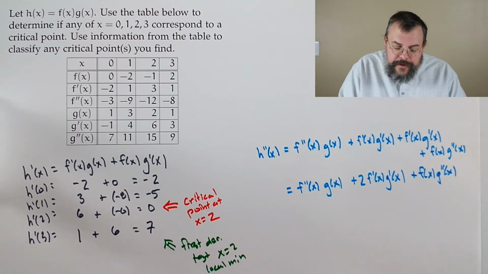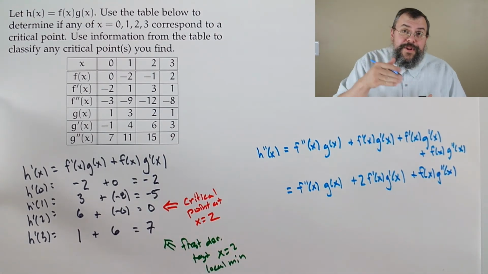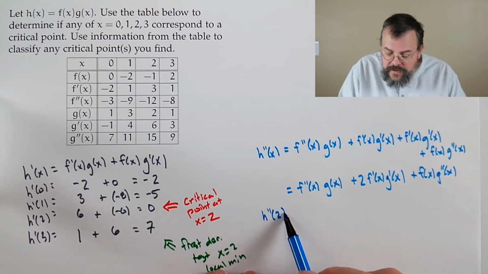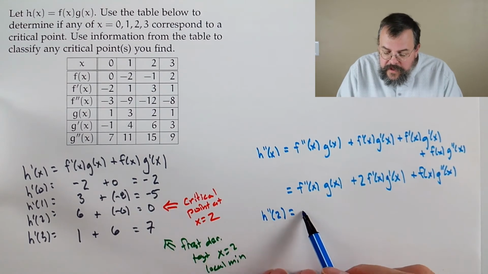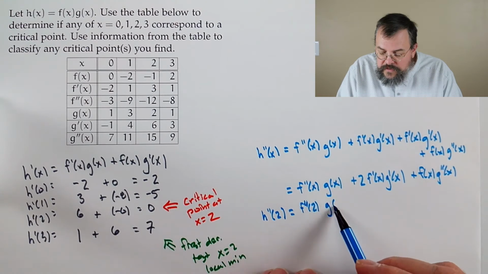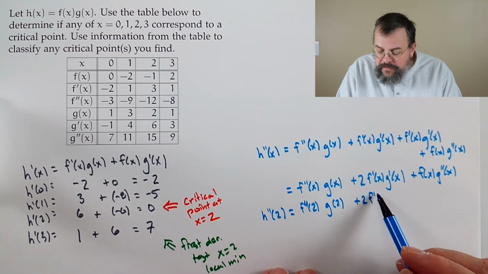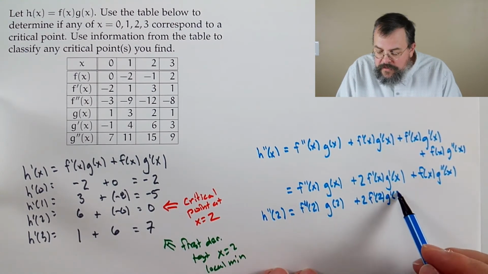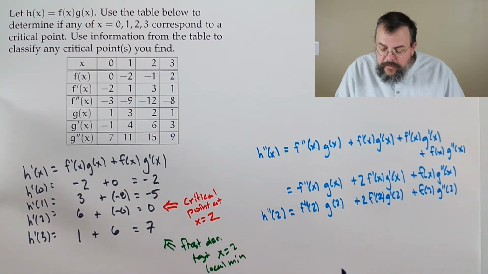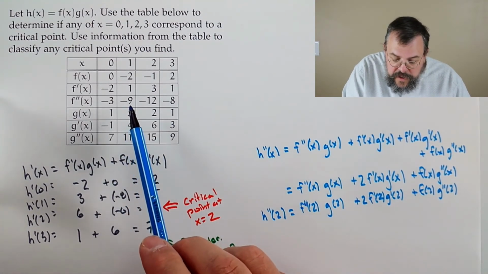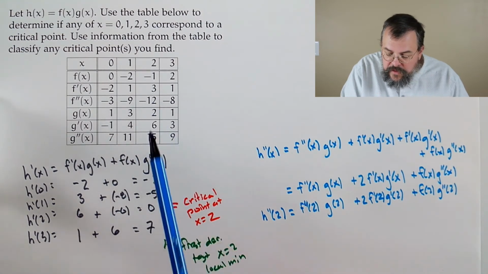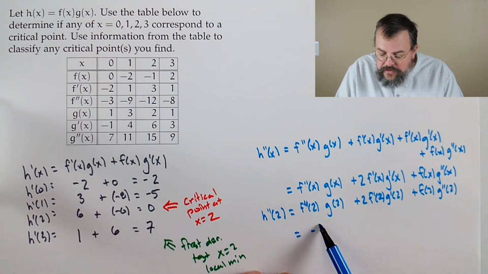Now, the second derivative test says plug in 2. So h double prime of 2 would be f double prime of 2 times g of 2, plus 2 f prime of 2 times g prime of 2, plus f of 2 times g double prime of 2. Let's work it out. Negative 12 times 2 is negative 24.